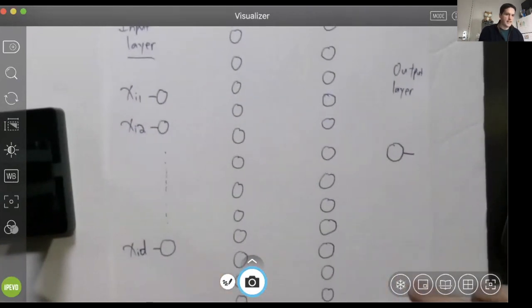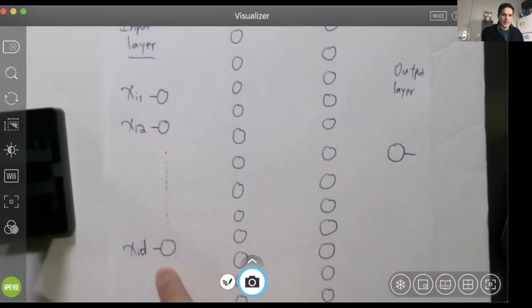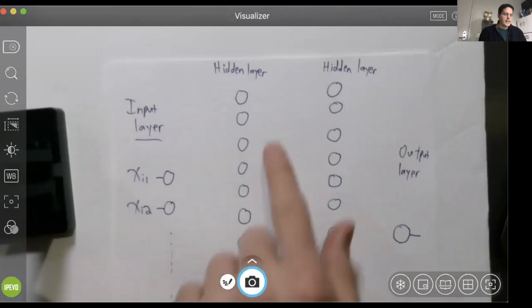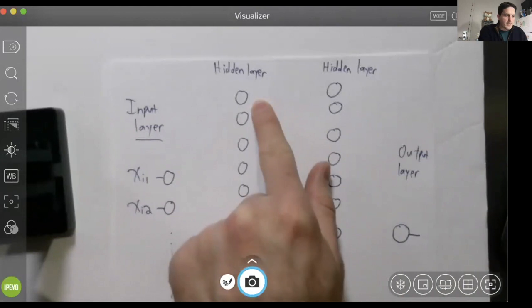You can see here we have all the components of our feature vector xi. They're fed into the input layer. As I mentioned before, each of these nodes you can think of as a little computational unit that performs its own little computation.